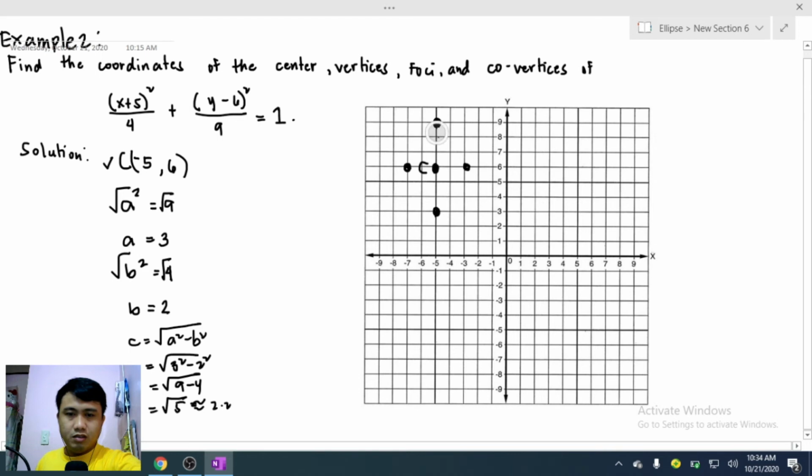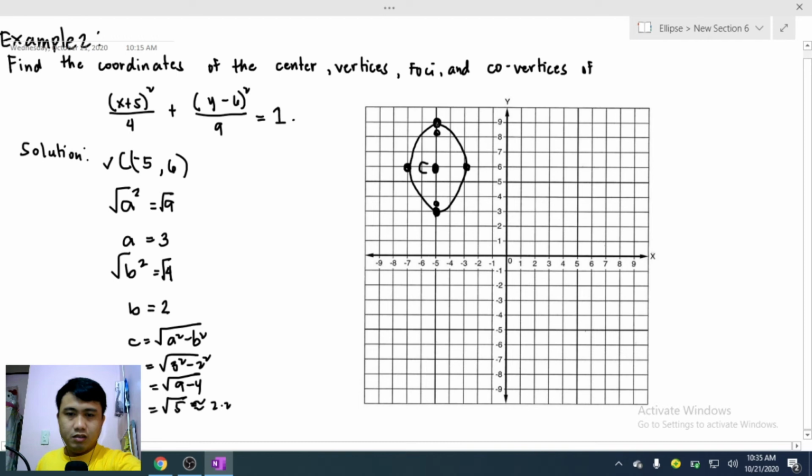Dito siya. Okay. And dito rin, 1, 2. Okay, pwede na nating i-sketch yung ating ellipse. Pasensya na kayo. Hindi siya perfect ellipse, no?